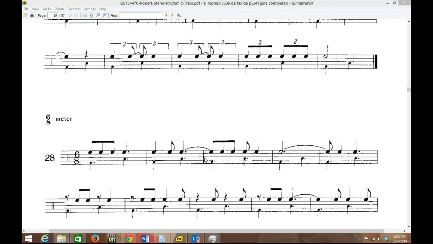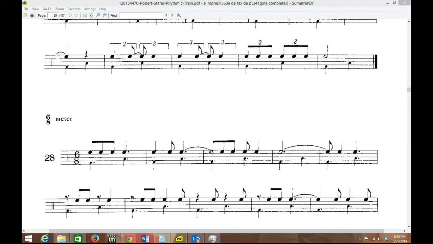This can be a tricky measure from performance standards and putting it all together. But let's look at this measure in isolation. If my dotted quarter note pulse is right here, how fast do the eighth notes go? Ta, ta, ta, ta, ta, ta, ta, ta, ta, ta, ta, ta. Okay, because now I'm snapping dotted quarter notes.